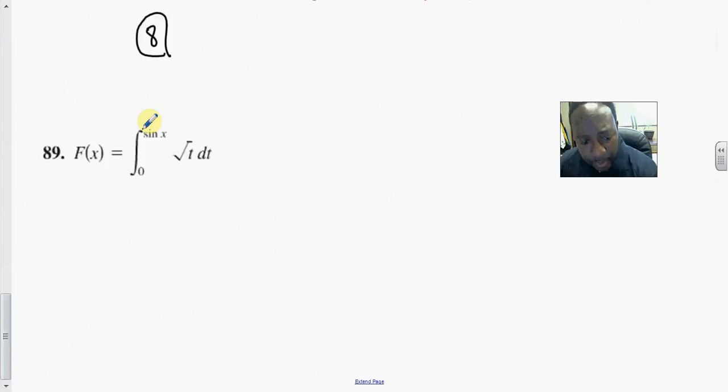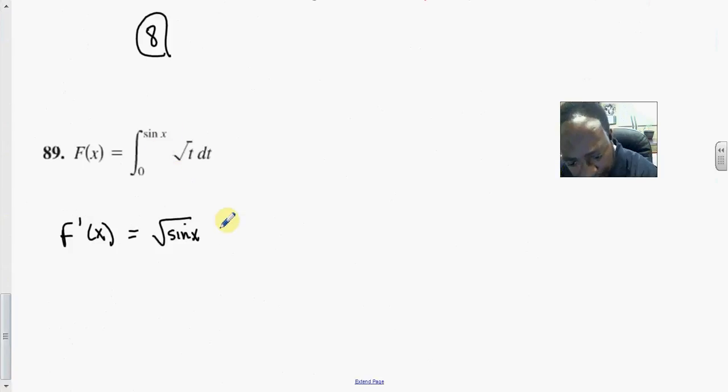So F prime of x becomes the square root of t, which is the square root of sine x, and this dt gives us its derivative. That is, this becomes the derivative with respect to x of that variable up top. So this becomes cosine x times the square root of sine x.